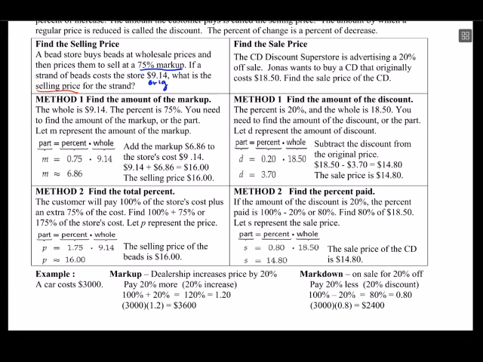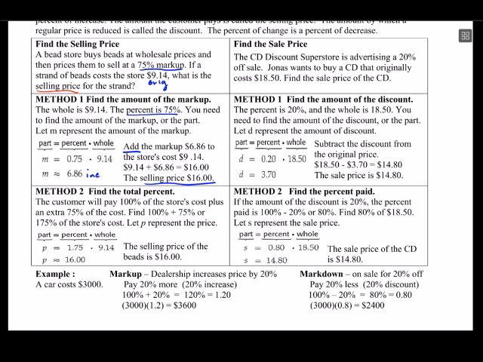There are 2 ways to do this. The first way is that we can find our 75%, which would be an increase of $6.86, and then we would add those together and get a selling price of $16.